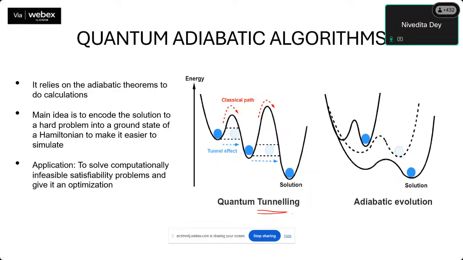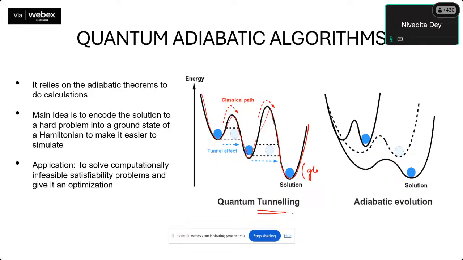This problem will not happen in quantum because of the quantum version of simulated annealing, which is called quantum tunneling. In easy words, for problem instances like this, just say this curve. In classical, which is the global optimal?